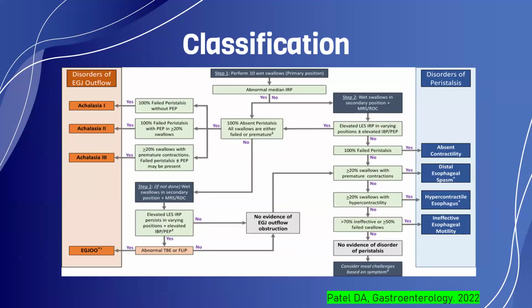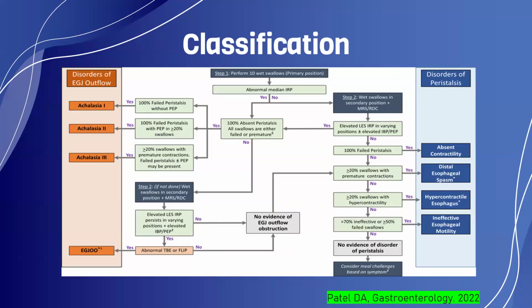This flowchart summarizes the Chicago classification version 4.0, which approaches the interpretation of high resolution esophageal manometry. It systematically categorizes motility disorders into esophagogastric junction outflow disorders and disorders of peristalsis.